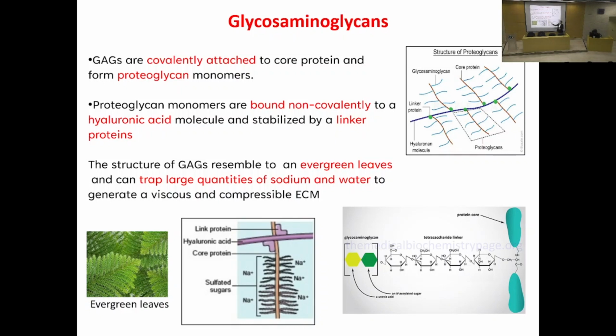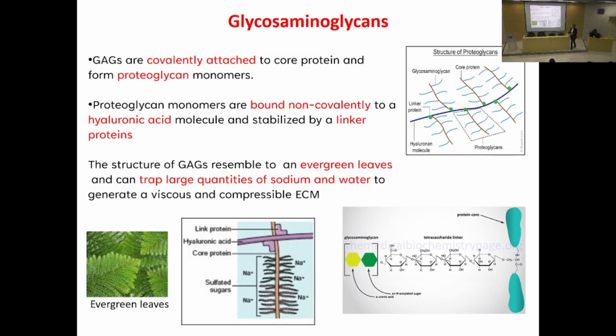So we have these disaccharides which are repeated and they form what we call the GAGs. So I have GAGs attached to the protein and they form the proteoglycan. The whole proteoglycan is attached to the hyaluronic acids, okay? And this attachment is stabilized by what you see here, the green dot. It is stabilized by the linker protein, okay?